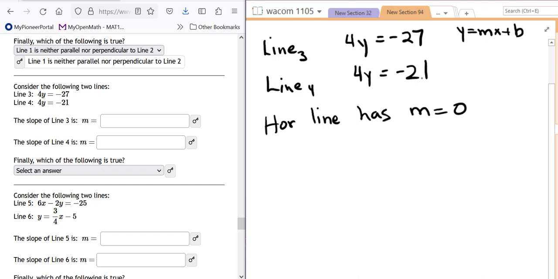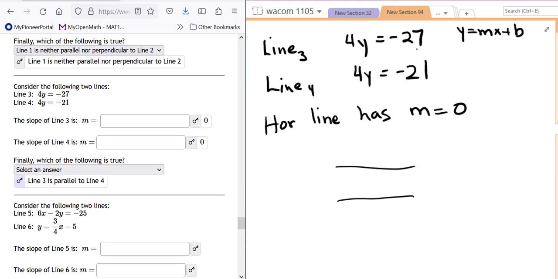This one will also have slope equals 0. So what you have are two horizontal lines. So they are going to be parallel. They're not the same line because these numbers are not identical. So the slope is 0, the slope is 0. They're the same, so this would be parallel. Okay, so you had to think outside the box there.